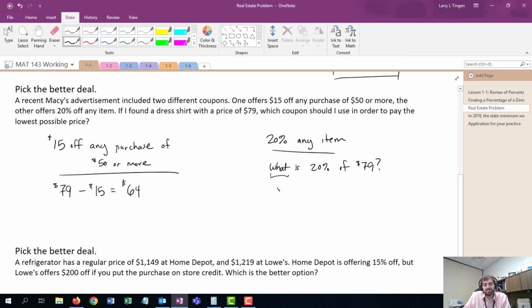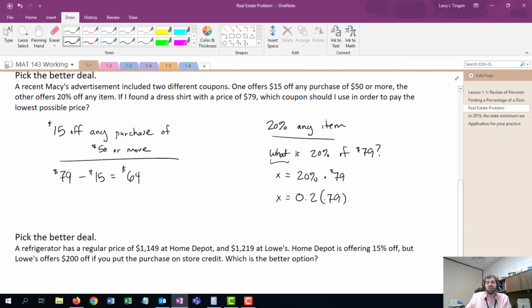There's the variable, x equals 20% of is times $79. Convert the percent to a decimal. After you do a few of these, you don't have to write the percent again. You'll just start to naturally convert that to its decimal form.